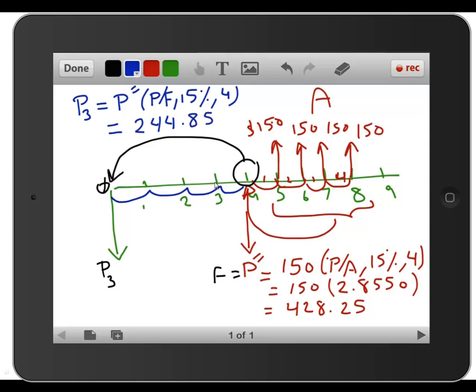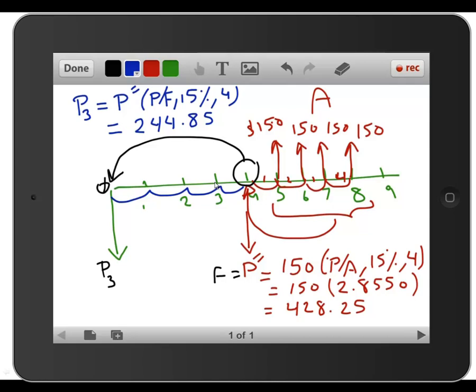And again, you can use the calculation or use the tables to find the value, which is $244.85. And this will be for group number 3.